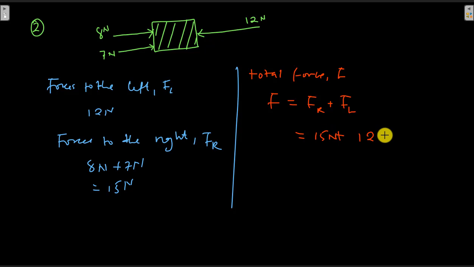But because these forces are to the left, I put a negative sign. So 15 newtons plus negative 12 newtons, and there we have 3 newtons. Since this is positive, we'll conclude that the total force is 3 newtons to the right.